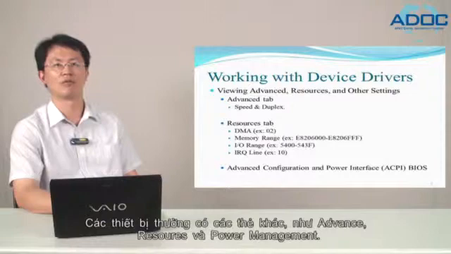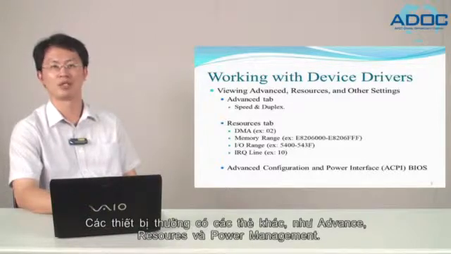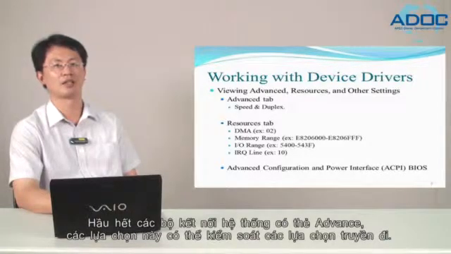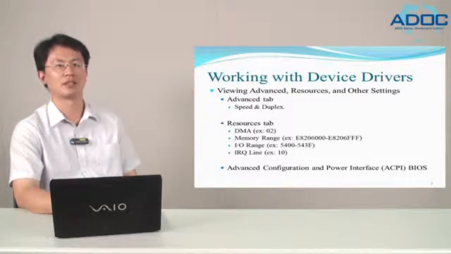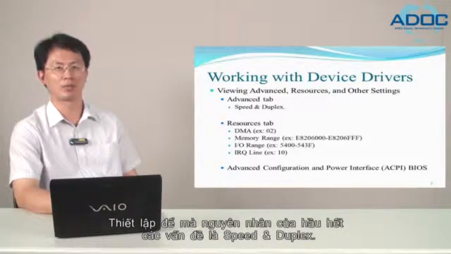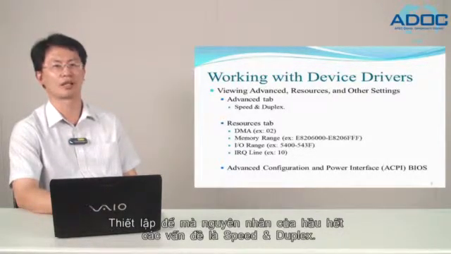Devices often have other tabs, such as Advanced, Resources, and Power Management. Most network adapters have an Advanced tab, and these options can control transmission options. The setting that causes the most problems is speed and duplex.